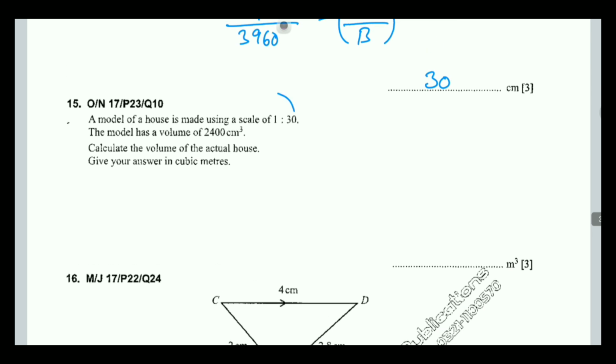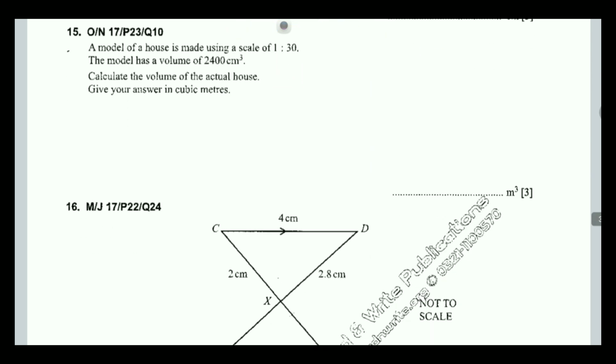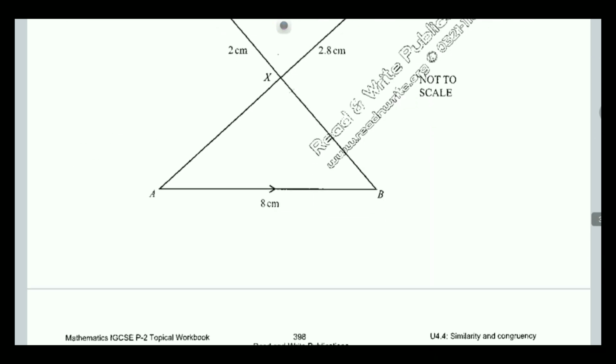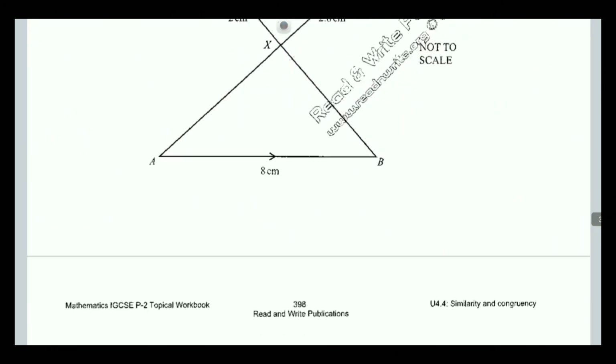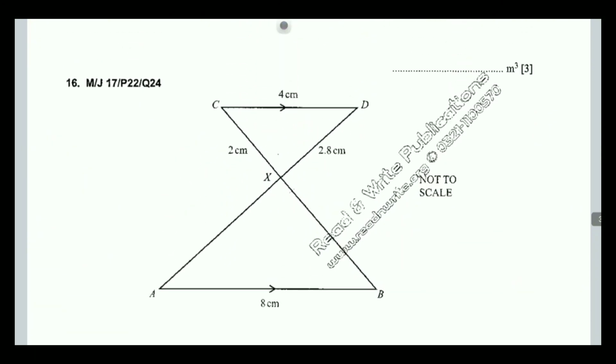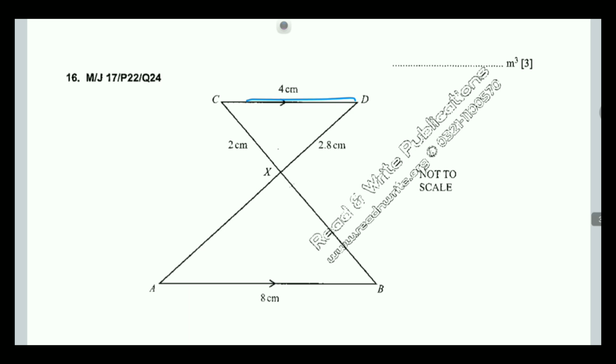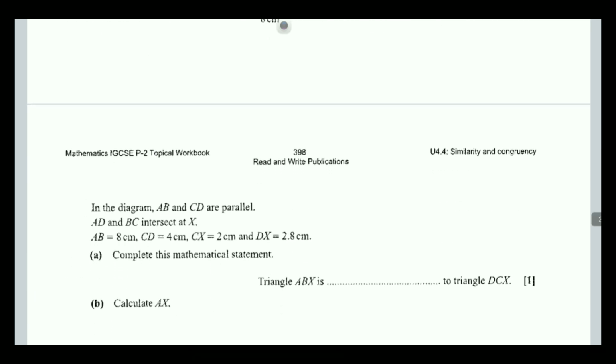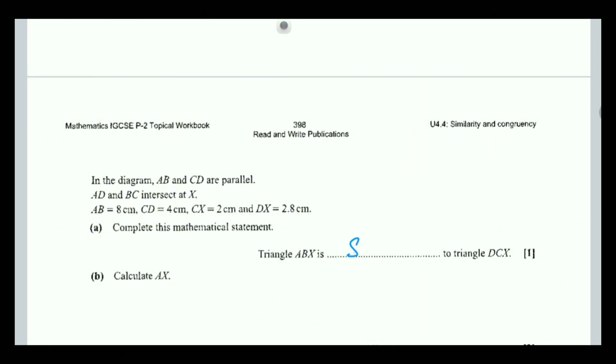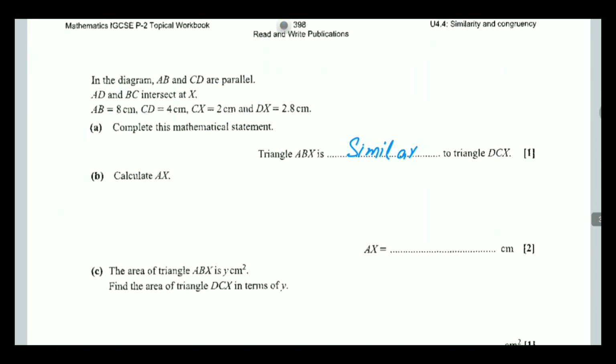This is a question of maps and scale, so we are leaving this question. Question number 16. Again, as I told you, if lines are parallel, they will make similar triangles. So it means that these triangles are similar. So triangle ABX is similar to triangle DCX.